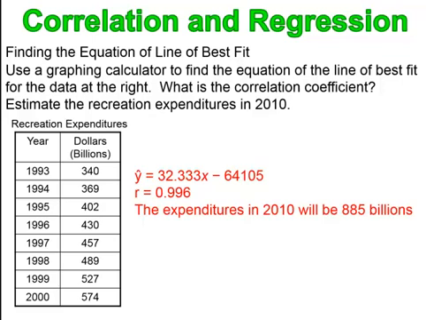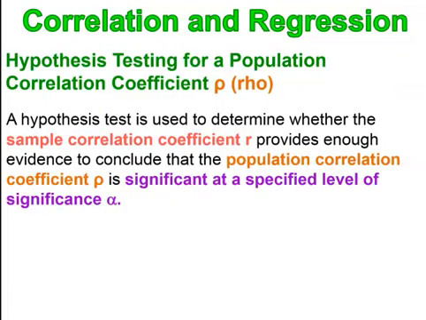Our correlation coefficient is positive 0.996, which is a strong correlation, and then what we could expect for 2010 will be 885 billion.